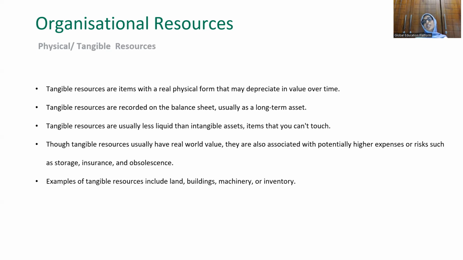So generally, these physical or tangible resources are the ones that the company will always use in the operations, whatever it is. When it comes to production, or even if it is a service, there will be a lot of tangible resources that are used in order to move on with the operations. So even though it doesn't look like it has a lot of meaning, tangible assets or physical resources are imperative to an organization.